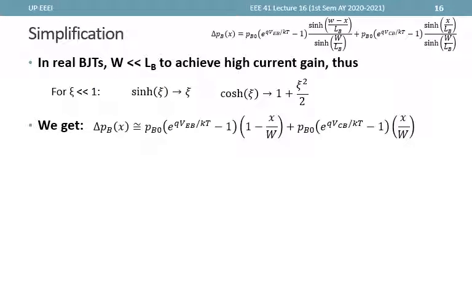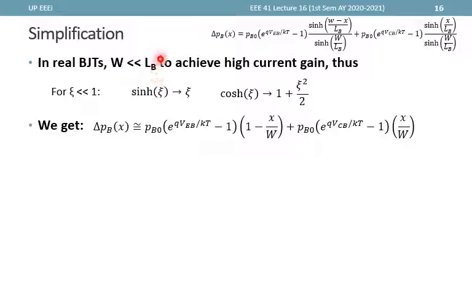Now we'll try to simplify the expressions for the currents, whose complex terms actually came from the excess carrier concentration at the base. However, for real BJTs, we normally design it such that W, the effective width of the base, is much less than LB to achieve high current gain.